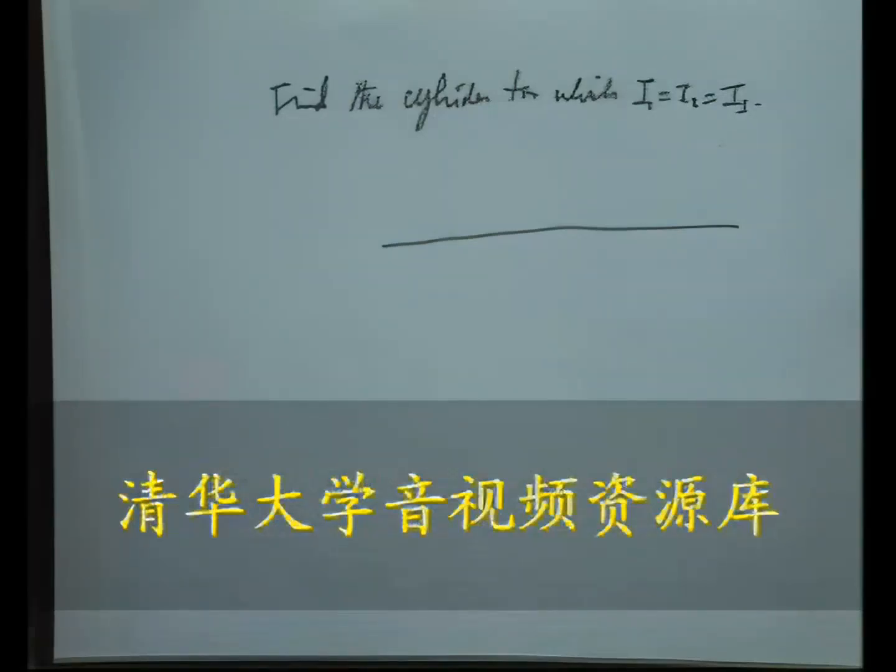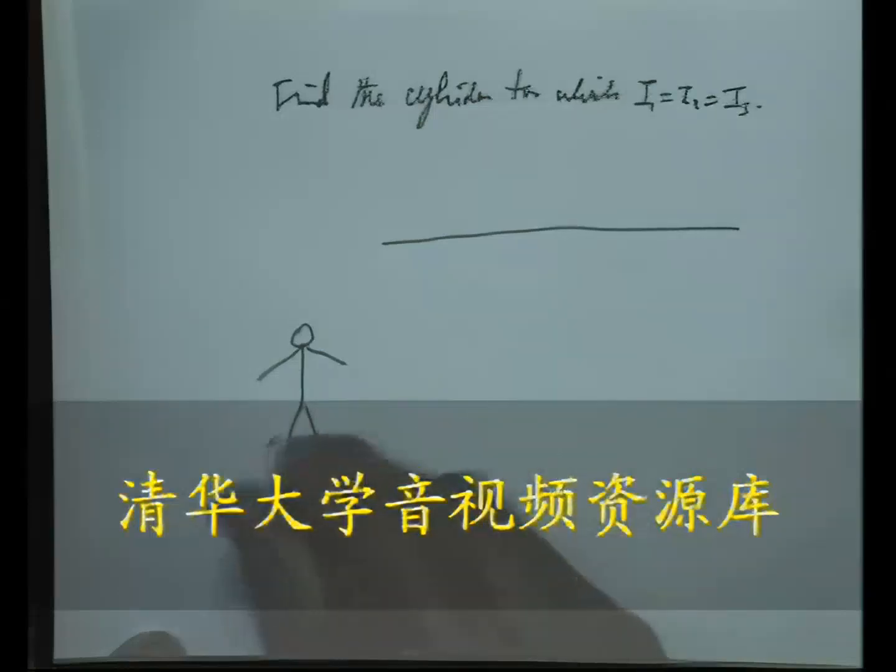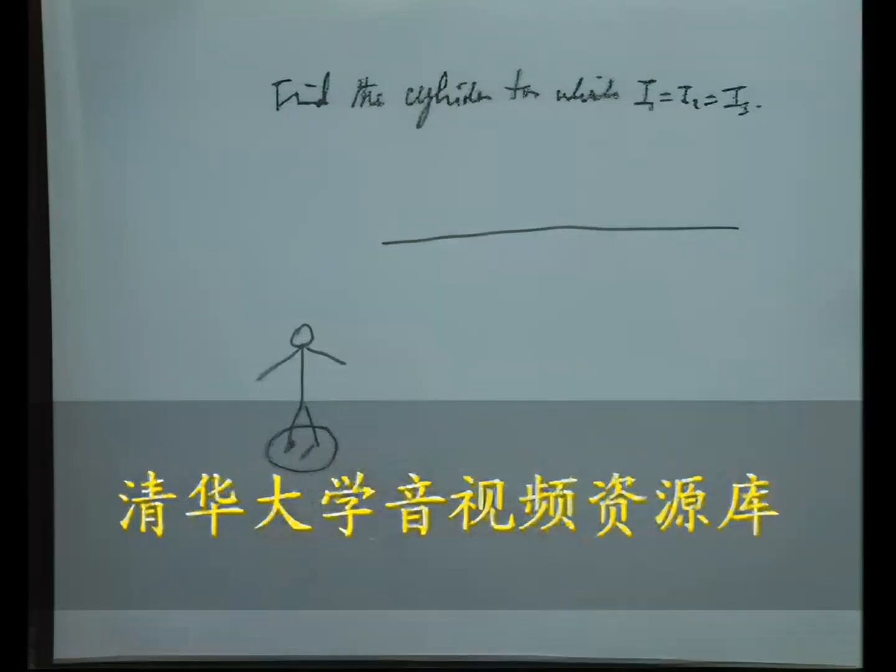Let us now, I think we have absorbed too much mathematics. Let us now come to reality, to a situation. I'm sure you have all seen in stage shows, juggling acts. You can have a girl standing on a disc, and the disc rotates.